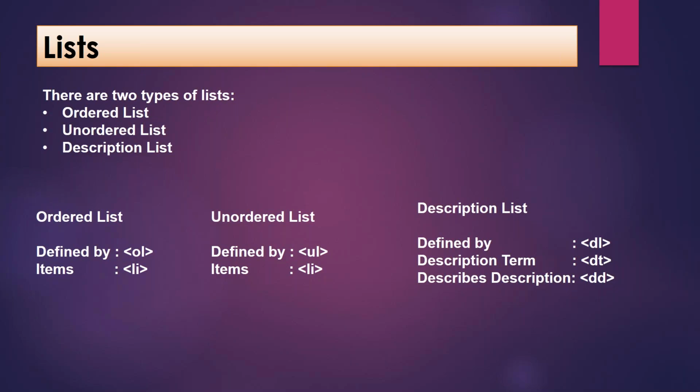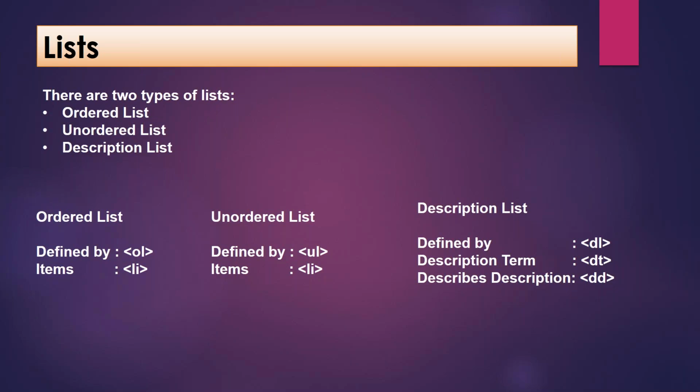Your description term is DT. You will always see that whatever you abbreviate will be something meaningful. So description list is DL, description term is DT, and describes the description, meaning you are writing something about the heading you have given, that is DD.